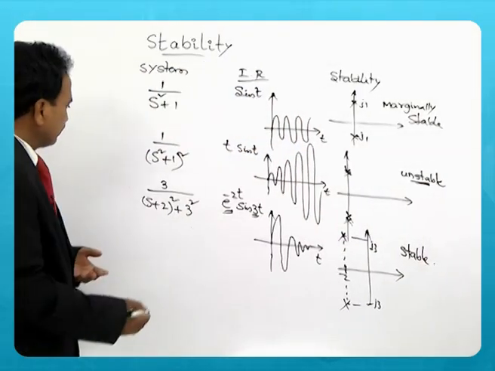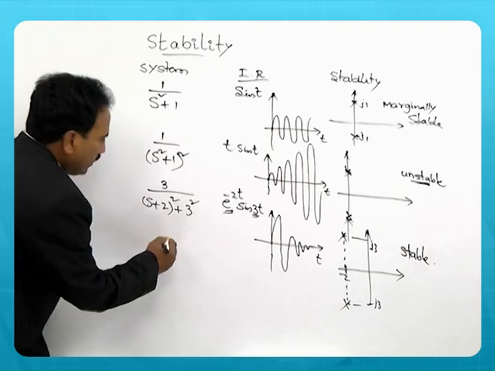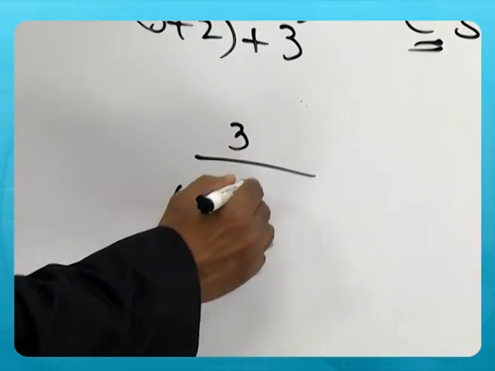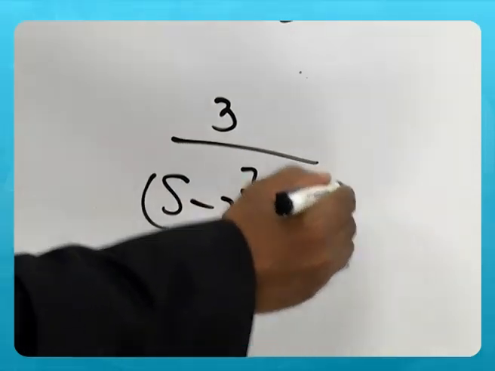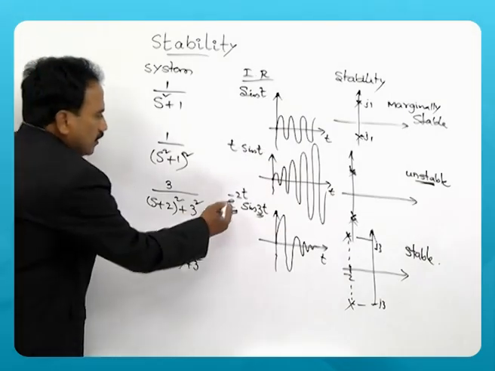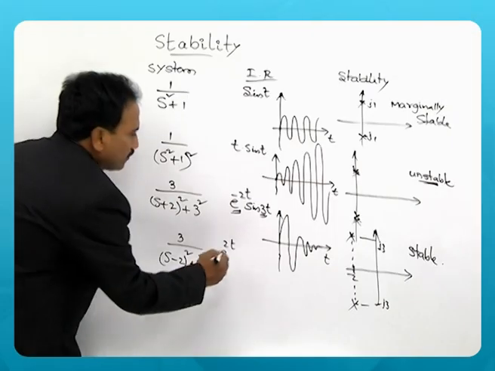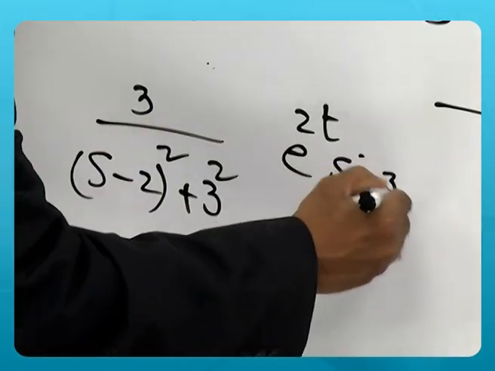If you go further, instead of s plus 2 whole square here, if you have 3 by s minus 2 whole square plus 3 square, the exponential function now becomes e power plus 2t sin 3t.